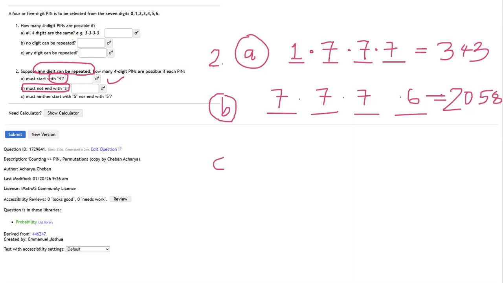For part C, the last part of the question, you might have repetition in this pin, but the pin must neither start with 5 nor end with 5. That means you cannot start with 5 and cannot end with 5, but you can repeat digits. Remember there are 7 digits altogether, but you cannot start with 5, so there are only 6 choices for the first digit, and only 6 choices for the last digit, because you cannot end with 5 either.